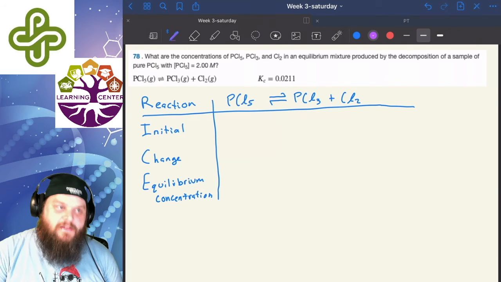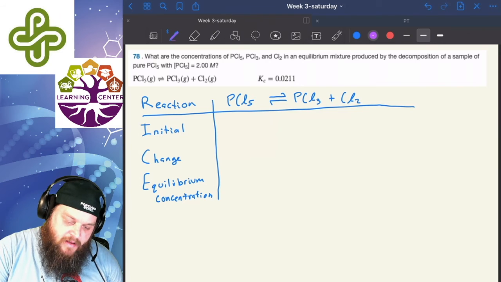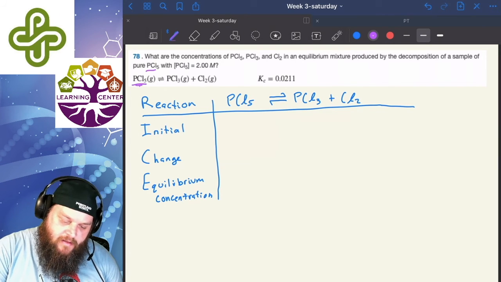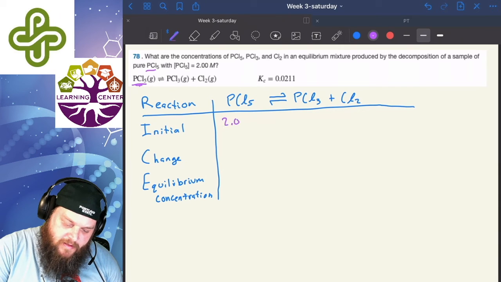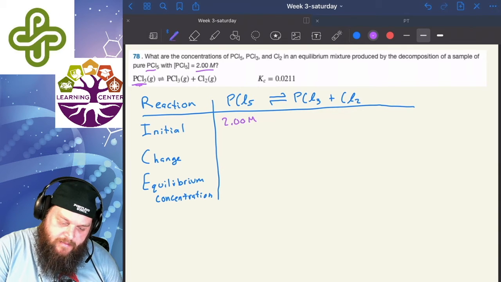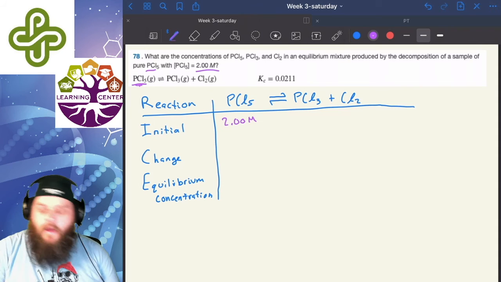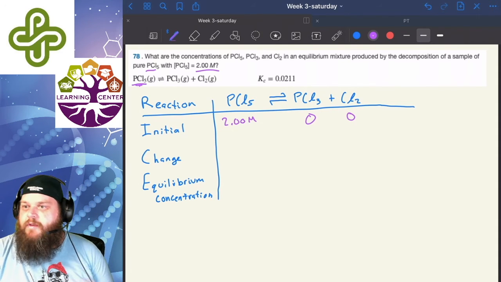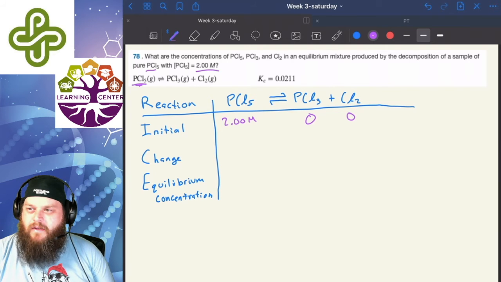We don't know what is the concentration at the initial state. Well, initially, all we have is the reactant, right? And we have 2.00 molar of that. The products, we haven't created any products yet. We have nothing there. It's a pure sample to begin with. So we start out with nothing.